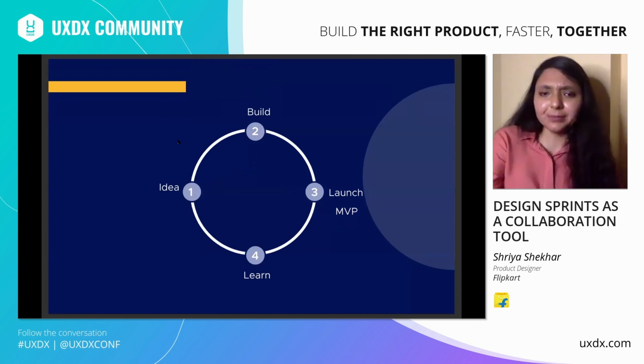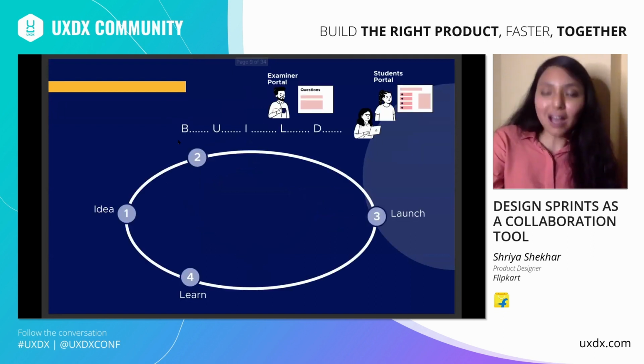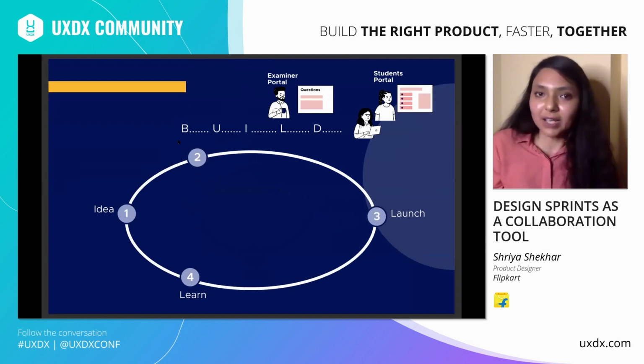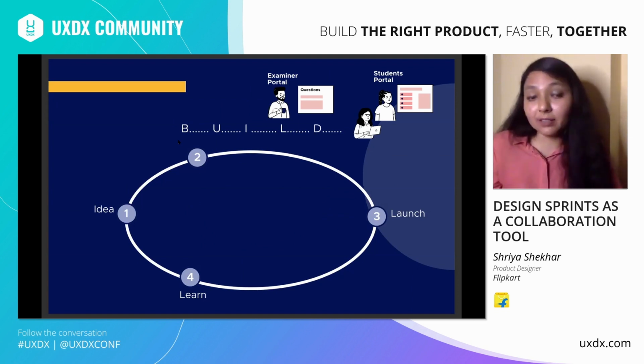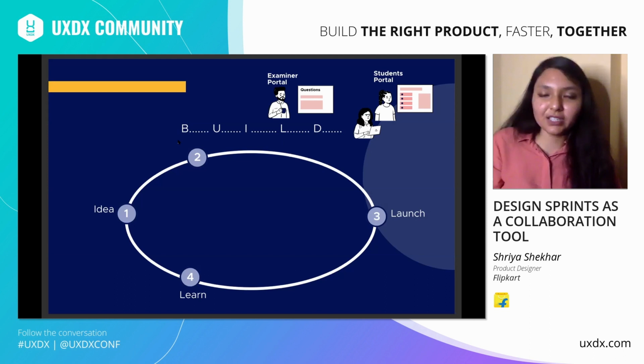But it turns out that the building process obviously takes a very long time, right? It is not a short process. Building the entire examiner portal and the student portal was a very long process. And then launching the MVP, going back to the learn stage and back to the idea is obviously going to take a very long time.